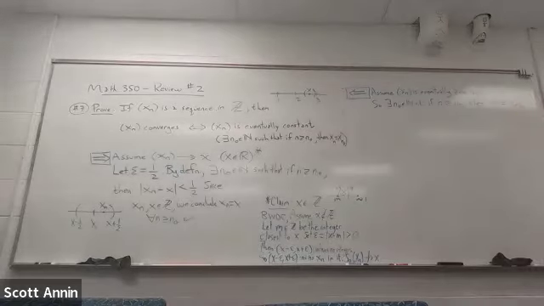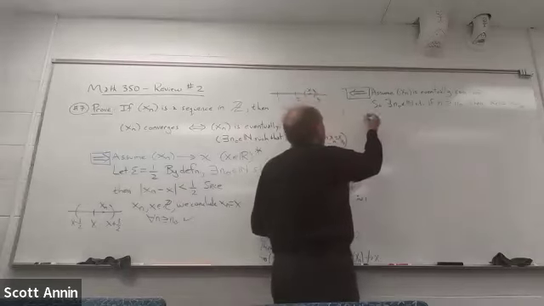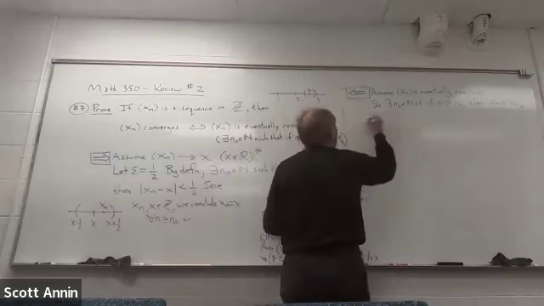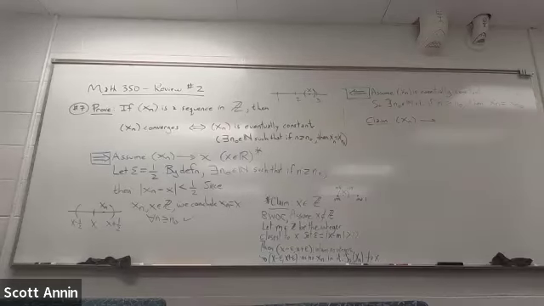And I would like to show that xn converges. What do we think xn converges to? To prove convergence, it's always nice if you know what it's going to converge to.